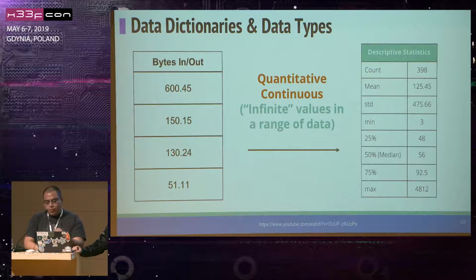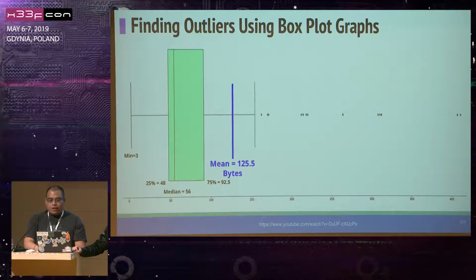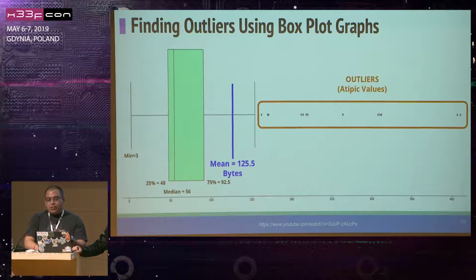If you put this information in a graph, let's use a box plot, you can start identifying what values are outliers or atypical in your environment. That's the way you can use this math approach to prioritize your actions or the analysis that you're doing.